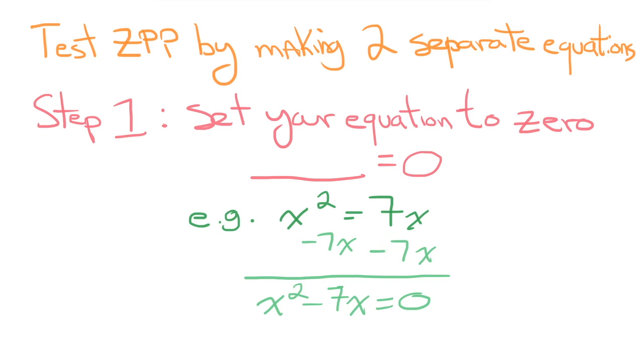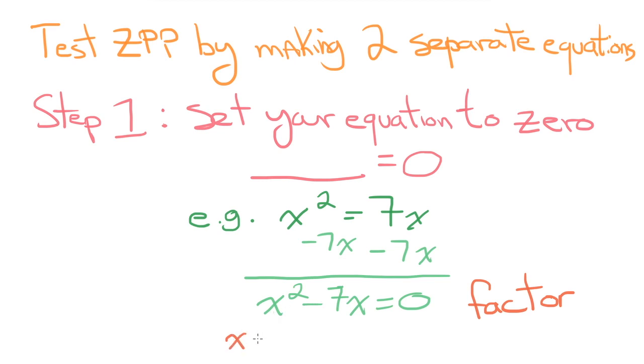But now I'm going to need to go and factor this. A little reminder of factoring is you want to look at things that are common. If you take a look at these two terms, we have x squared and we have negative 7x. The common thing here is x.